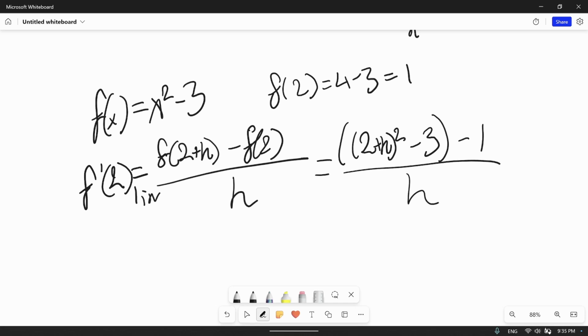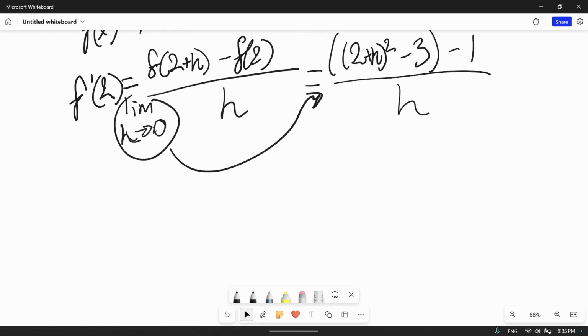Oh yeah, and don't forget the limit as h approaches 0, otherwise it won't make sense. You're supposed to keep on transferring this over, but for the sake of time, I'm not going to be doing that.